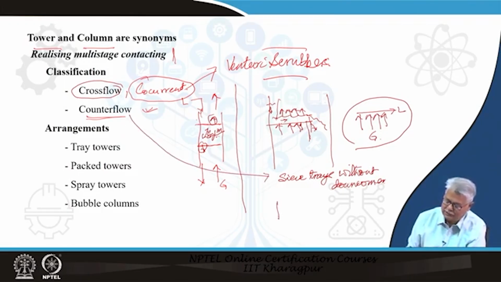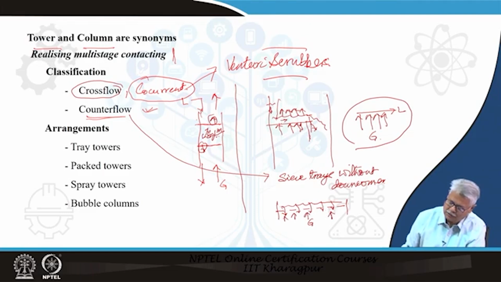Now, how does it look? It looks very simple. You have a perforated sheet functioning as a contacting device. You have a hole here, and a little bit of liquid showers down through these holes, and through the same hole you have a counterflowing gas or vapor.